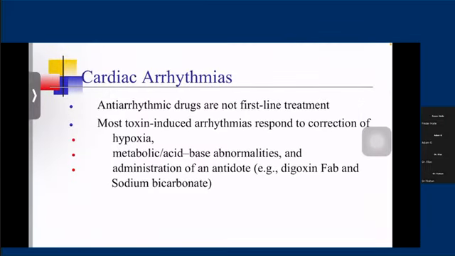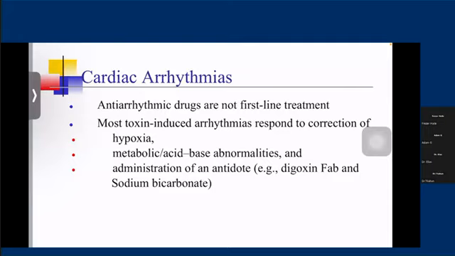Regarding cardiac arrhythmias, arrhythmia is common with some poisonous agents, especially those which have an effect on sodium channels, specifically TCAs like amitriptyline, and digoxin can cause different kinds of arrhythmias. Managing arrhythmias is sometimes challenging, because managing arrhythmia with anti-arrhythmic medications can cause another form of arrhythmia.